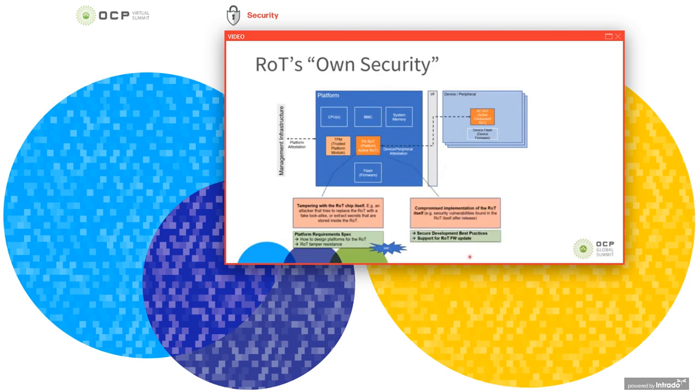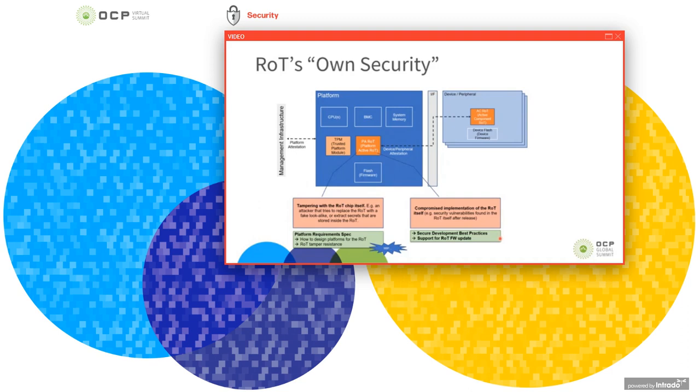The second type of attack goes back to how you actually trust the RoT itself. Let's assume it was fully implemented and all the features are there, but still, if the RoT itself is compromised because, let's say, it has bugs, then it can't protect the whole system. This is again where the secure development best practices document that I spoke about before is relevant, the CSIS doc.